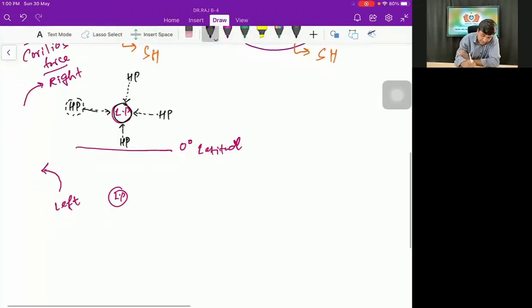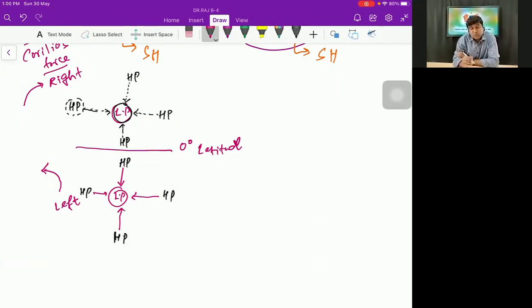So again, here low pressure means surrounding high pressure. Before applying Coriolis force, this is a straight direction. This is the normal direction, because wind always blows from high concentration to low concentration, or high pressure to low pressure areas.